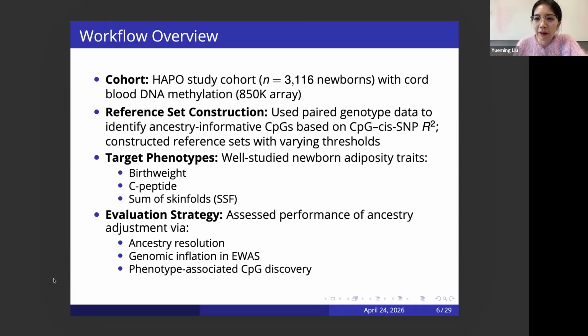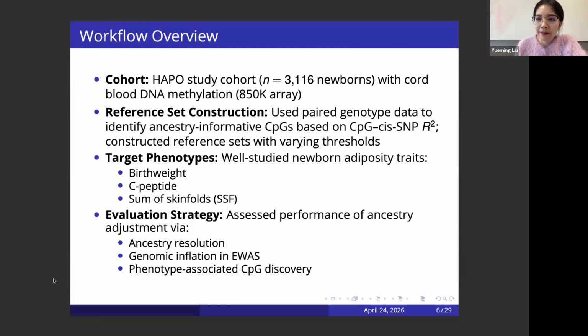If it is a more diverse cohort like HAPO, I would say HAPO might be able to adjust the ancestry information better because it's a reference CpG set based on a very diverse cohort. But one limitation of our study is that we don't know how the proportion of populations can influence the reference set construction.